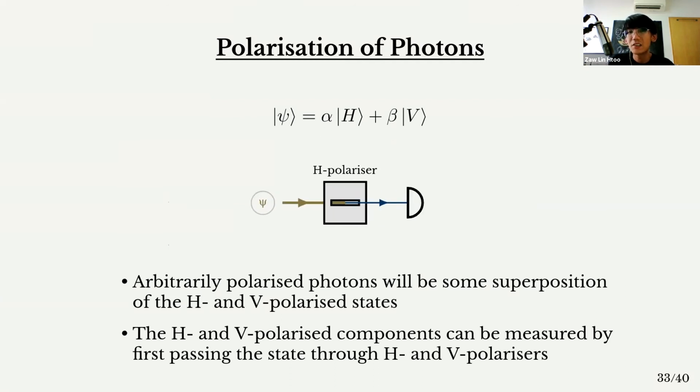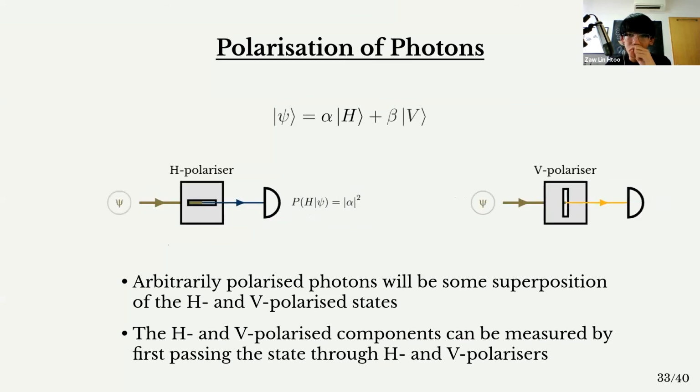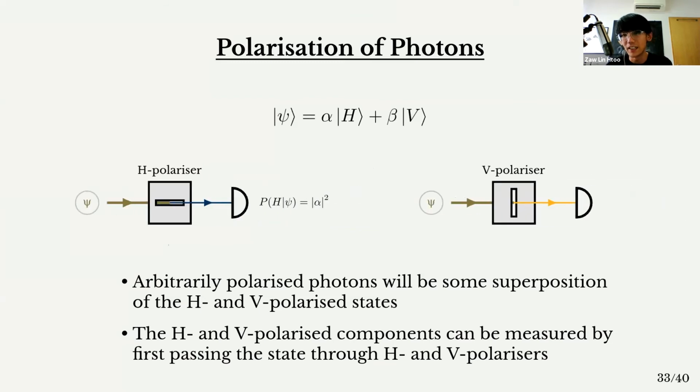Because if you pass it through the H polarizer, all of the V, the vertical components will disappear. And so from the Born rule, the probability of finding the photon passing through is just the mod square of alpha. And it's a similar thing with the V polarizer, right?